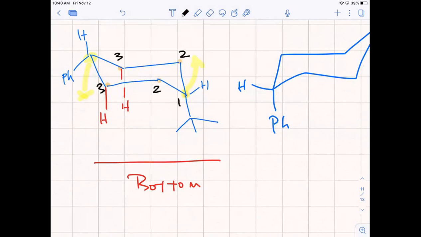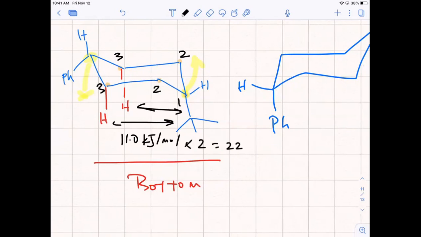Right, so both of these hydrogens are going to interact with that tert-butyl group. So the total energy is 11 for one of them, but I got 2 axial hydrogens. It's going to be 22 kilojoules per mole.